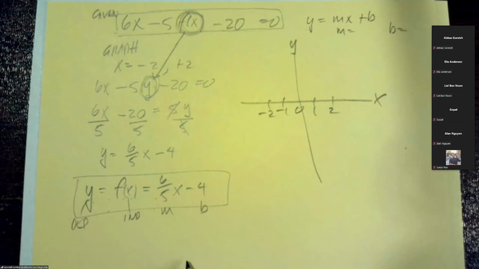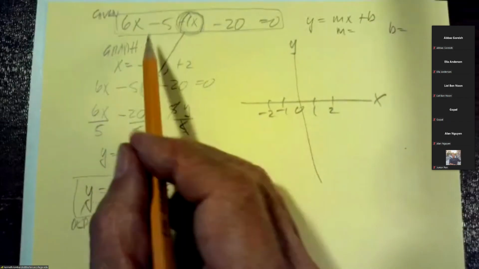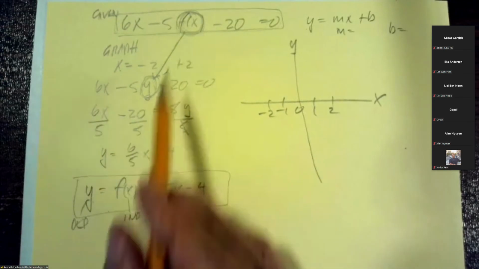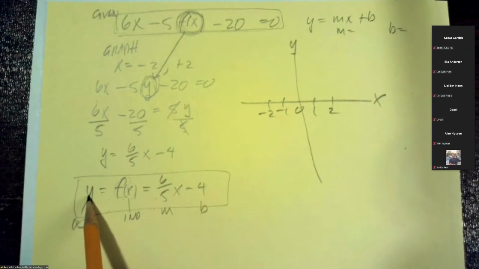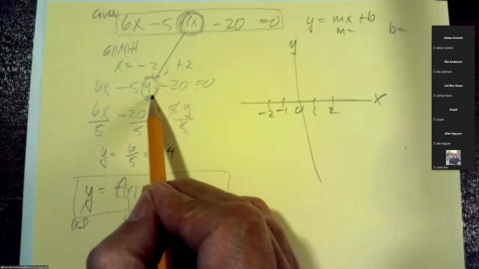Here's the intercept. We've just written it in a different form. So if I change the form, I could say 6x minus 5, and in place of x, I'll just write y. I don't have to, but I could write y just so it looks a little more familiar. Minus 20, and then solve for f of x or solve for y.